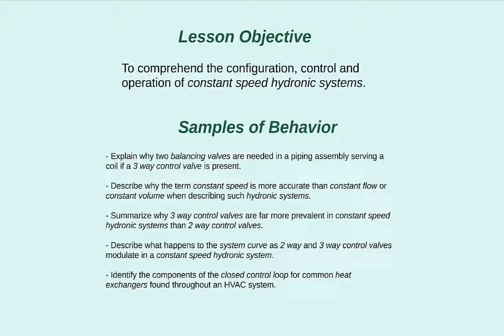Summarize why 3-way control valves are far more prevalent in constant speed hydronic systems than 2-way control valves. Describe what happens to the system curve as 2-way and 3-way control valves modulate in a constant speed system. And identify the components of the closed control loop for common heat exchangers found throughout an HVAC system.